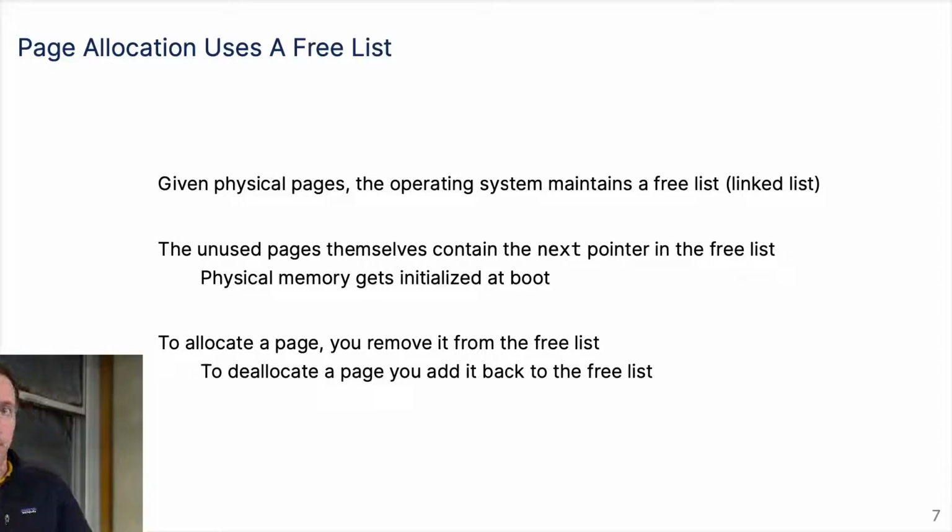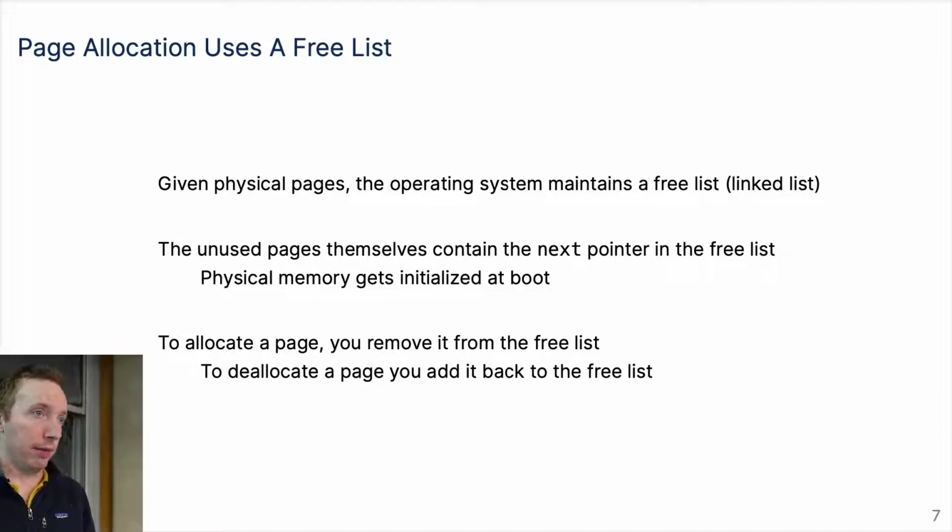Once you have that free list of pointers set up, it's fairly easy to allocate and deallocate memory. To allocate a page, you just remove it from the free list, set up that mapping in your page table, and let it carry on. If you deallocate a page, you just add it back to the free list.